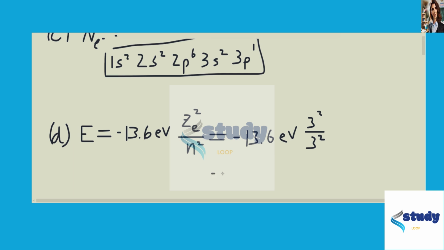So this gives us a value of negative 13.6 electron volts. We can box that in as our solution.